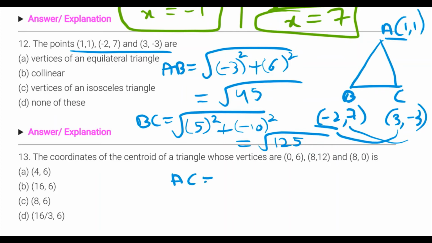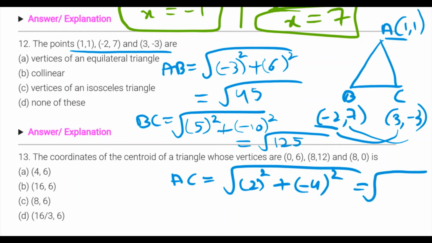Next, AC equals 3 minus 1 is 2 whole square, plus -3 minus 1 is -4 whole square, that equals 4 plus 16, which is root 20. So this is root 20, this is root 125, and this is root 45.